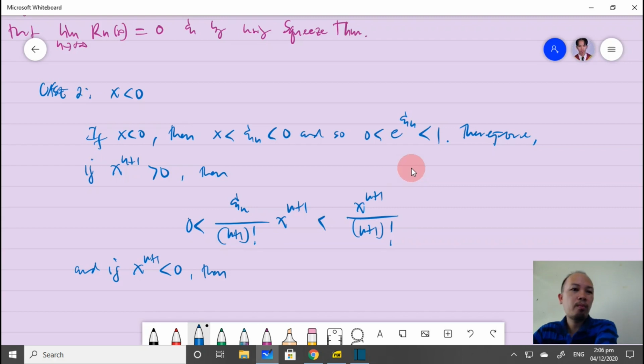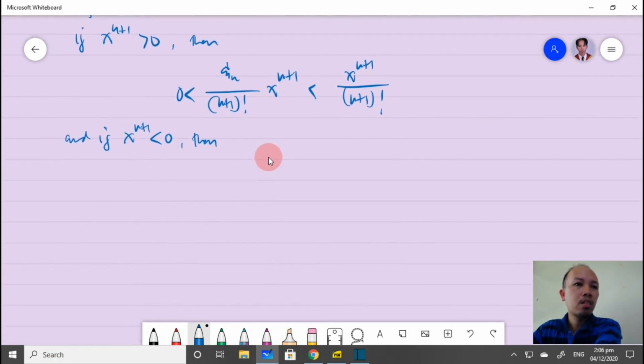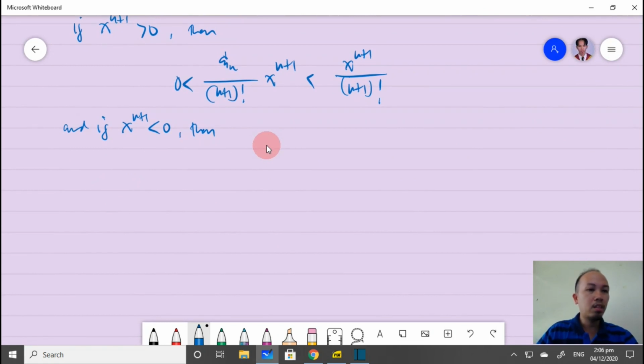Then what will happen here is you have x to the n plus 1, so remember that this is negative, over n plus 1 factorial, which is less than e to the psi sub n over n plus 1 factorial times x to the n plus 1, which is less than 0.